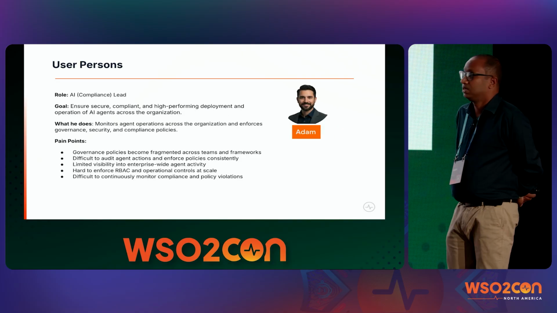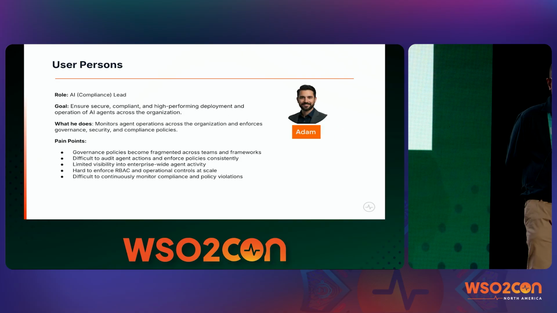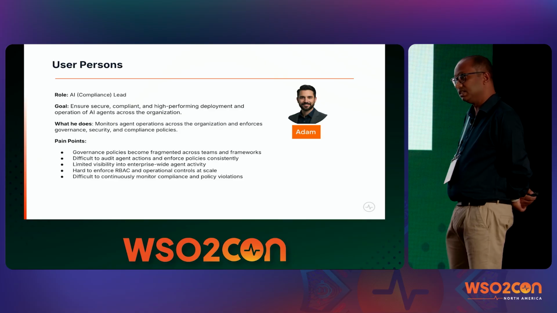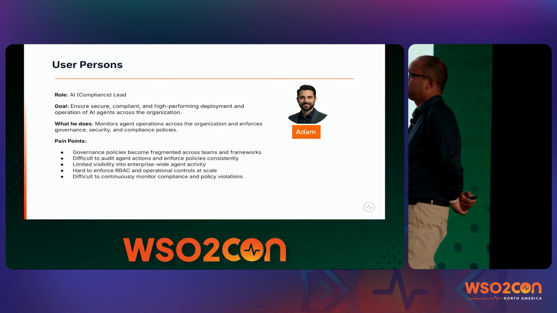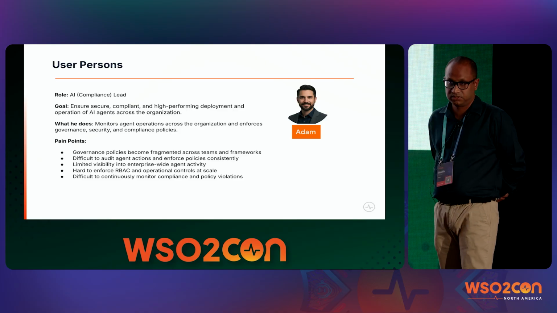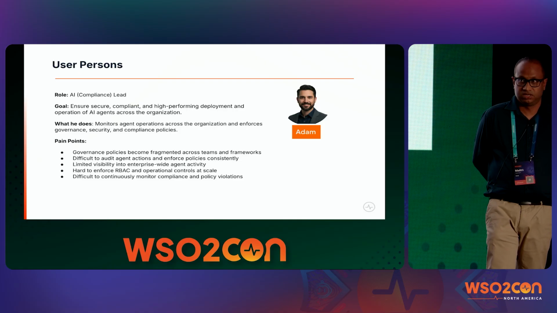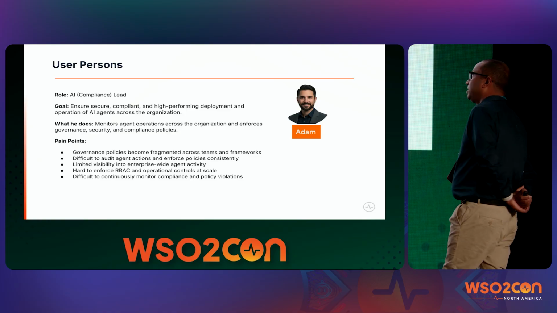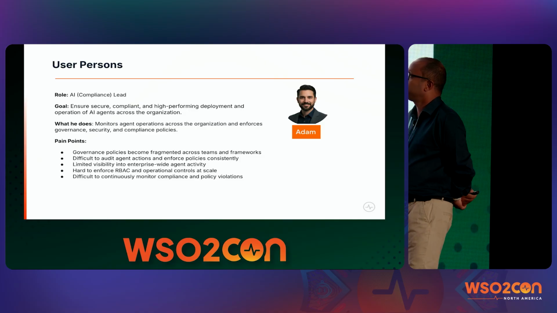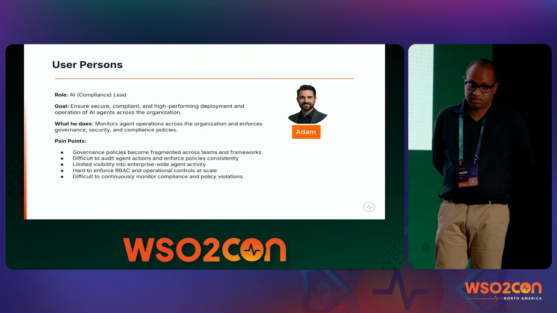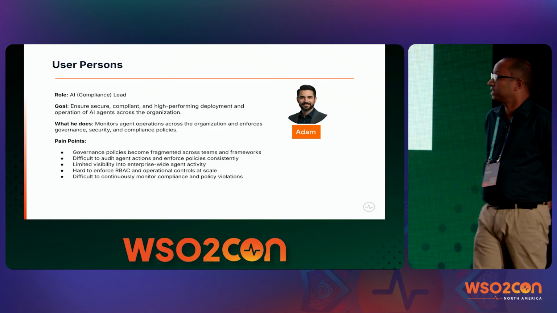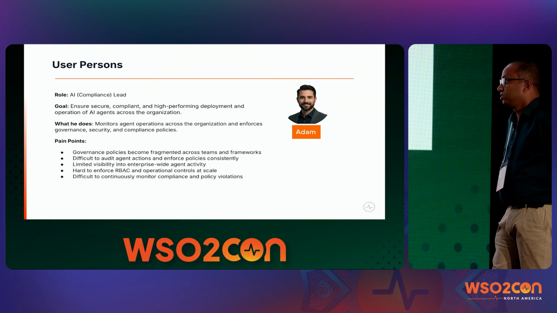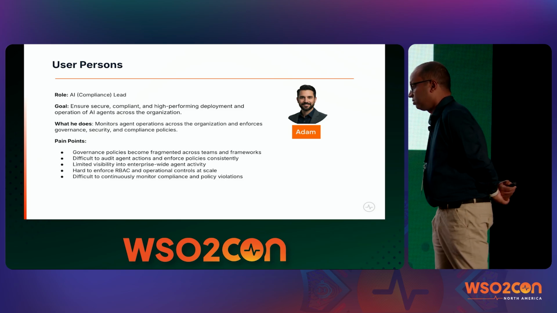And the second user persona is what we call Adam, the AI compliance lead. So these are two different user personas. Adam is the person who ensures secure, compliant, and high-performing deployment of AI agents across the organization.